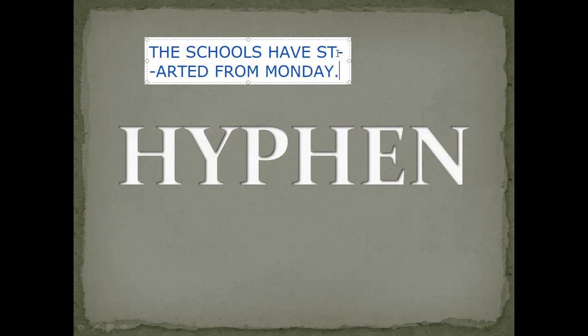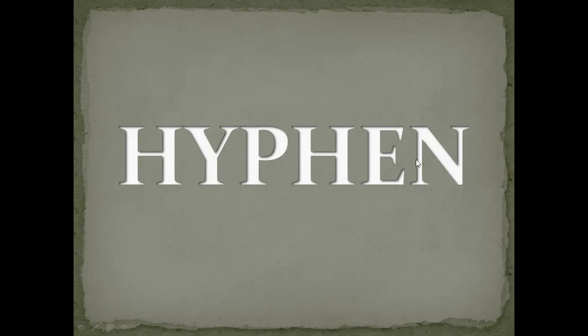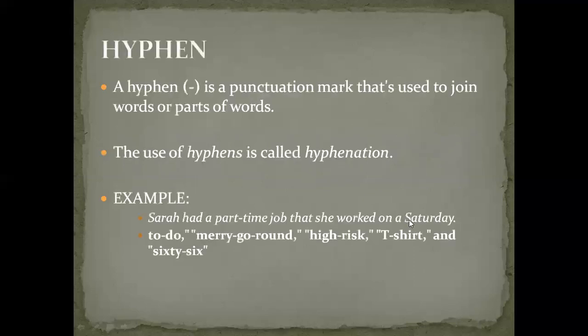After ST, I have put a hyphen, and then right after, in the next line, I have put another hyphen. So whenever you are joining two words, or whenever you are joining one word which is written half in the first line and half in the second line, even then you will use a hyphen. Am I clear? Hyphens are small dashes which you use to join two words.